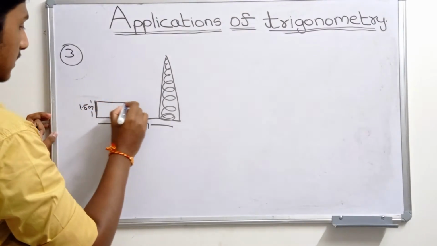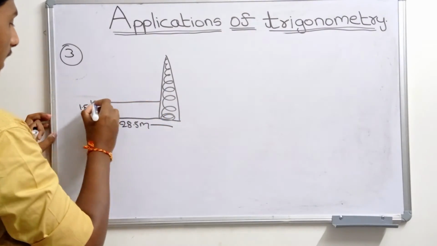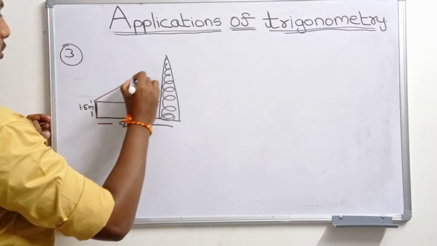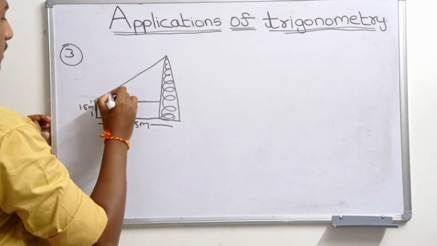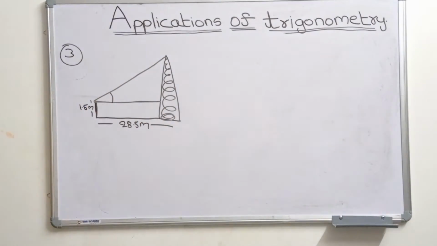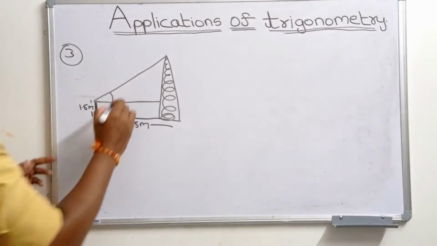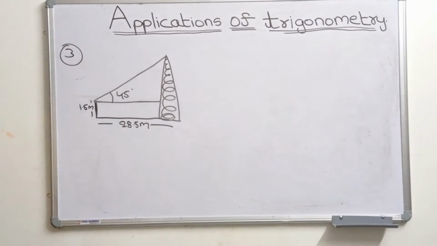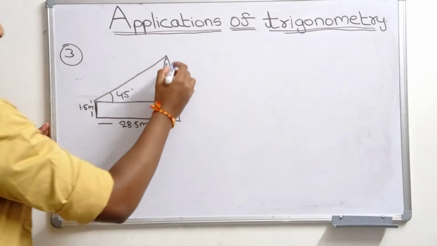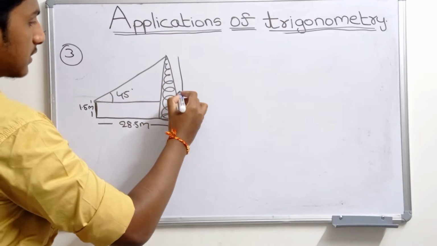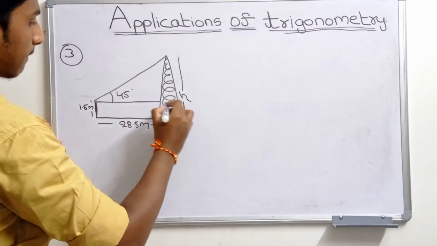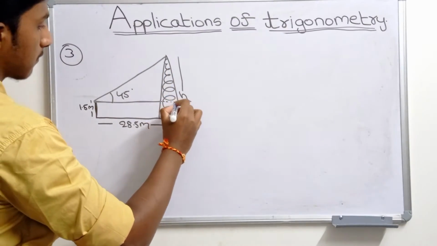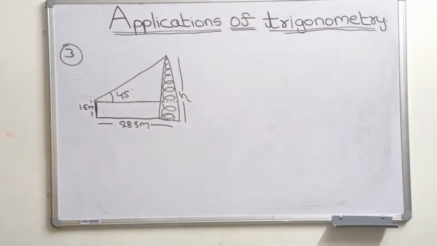The angle of elevation from his eyes to the top of the chimney is 45 degrees. The distance is 28.5 meters. And we have to find the height of the chimney.